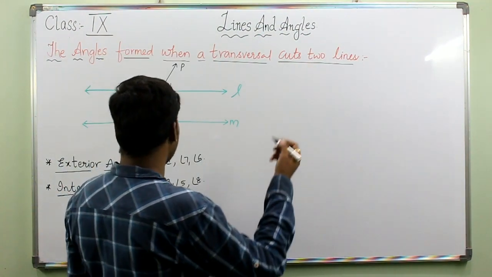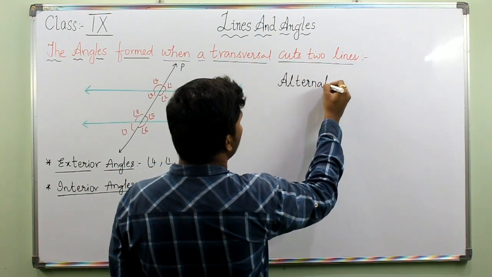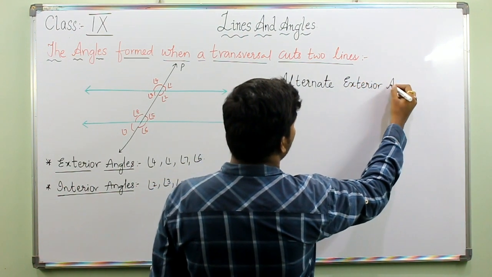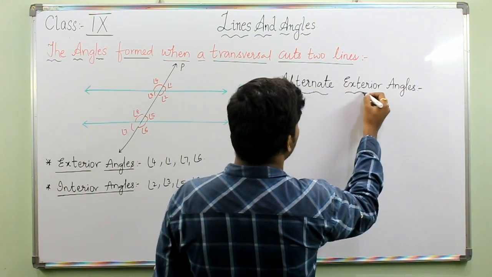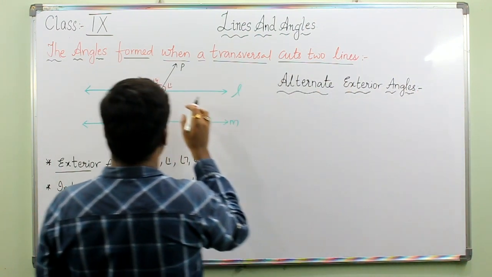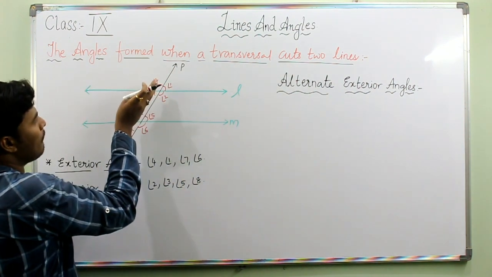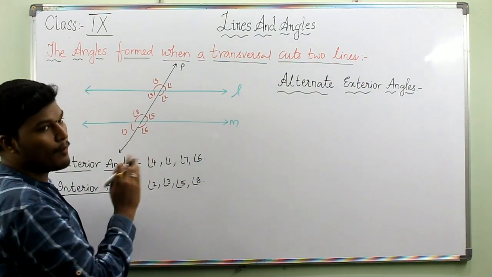Next, we will discuss alternate exterior angles. So what are these alternate exterior angles? Same here, for the transversal there should be one angle on one side and one more angle on the other side, opposite to each other.